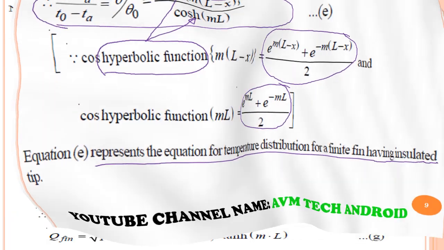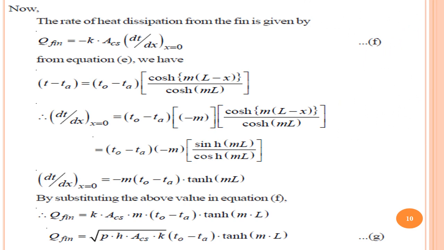Now friend, our second task is to find out the heat transfer through this kind of fin. So we have to apply Fourier's law, Q equals minus K dT by dx, where this dT by dx at x equals 0 distance is shown here.